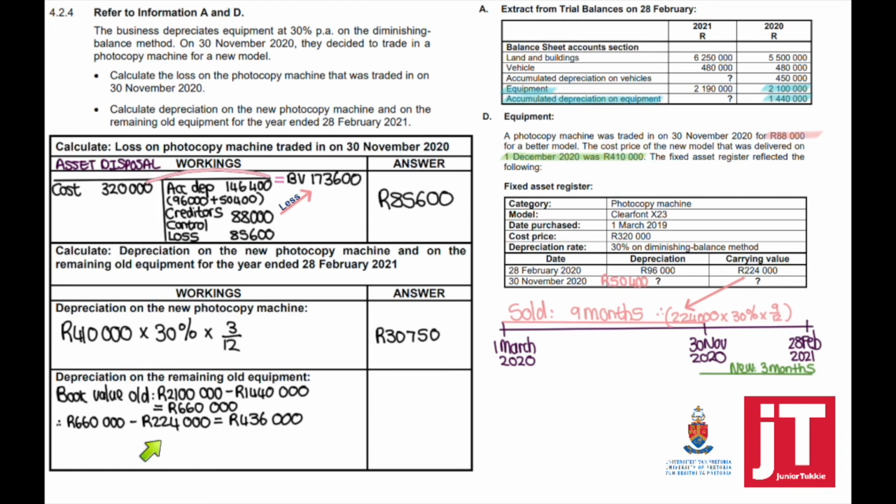This is why we're going to subtract the asset which we've disposed of, and we use the book value in the beginning, and that equals the old and the remaining. Now we can simply say times 50%, that equals the depreciation on the remaining equipment.